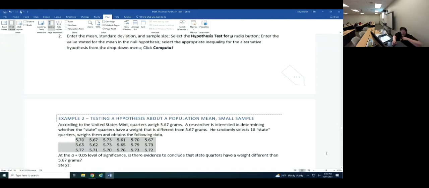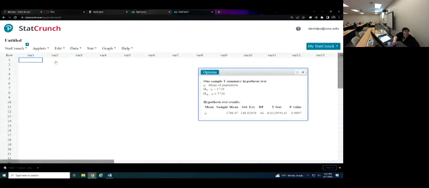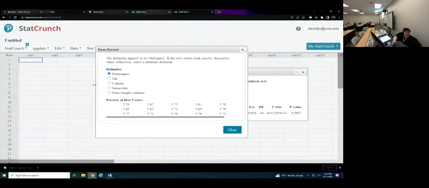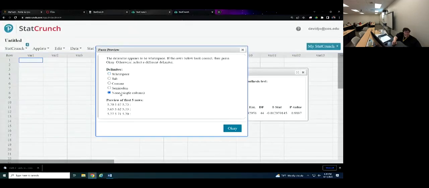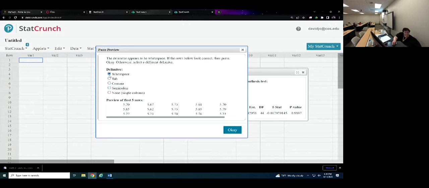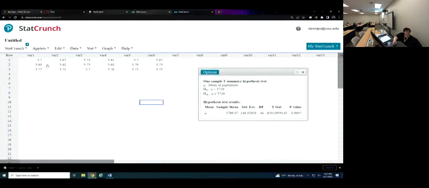So what I'm doing is I'm going to copy these and hope they paste easily in StatCrunch. Single, oh, nope. I guess I can copy and drag them all and put them in one row.